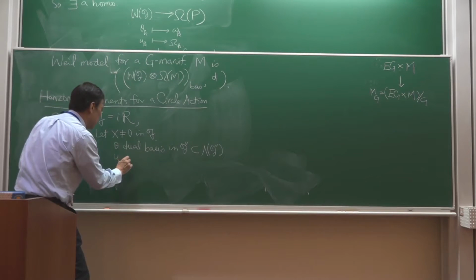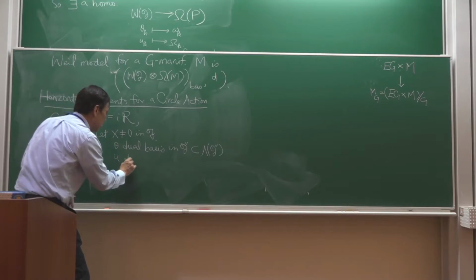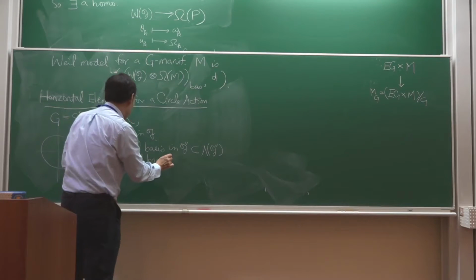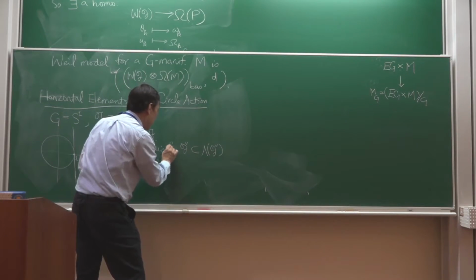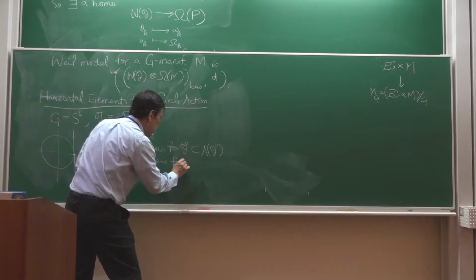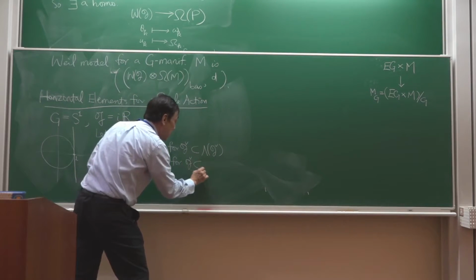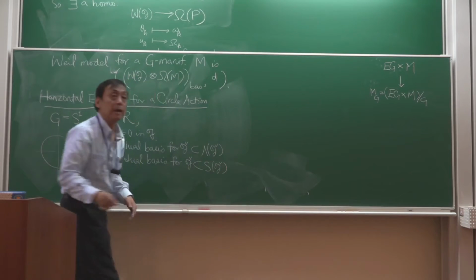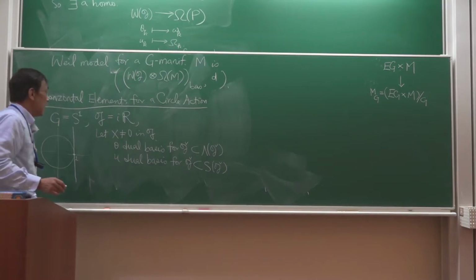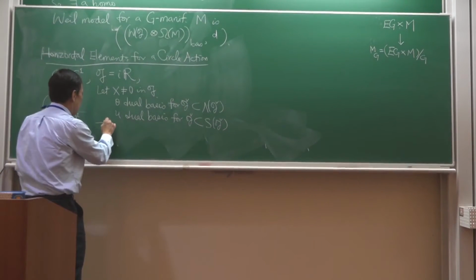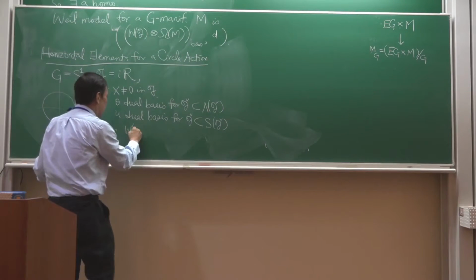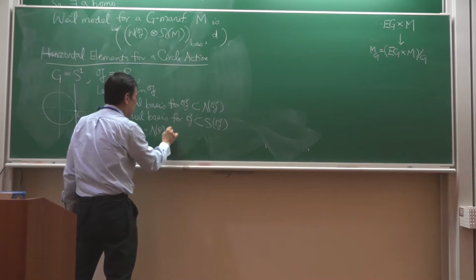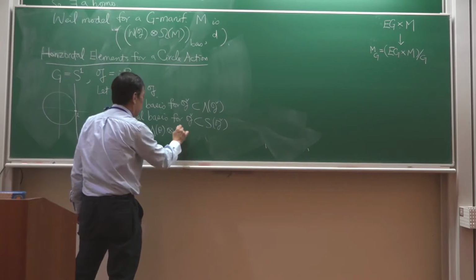And then we call u the dual basis for g dual in the symmetric part. And then the Weil algebra is lambda of theta tensor R of u.